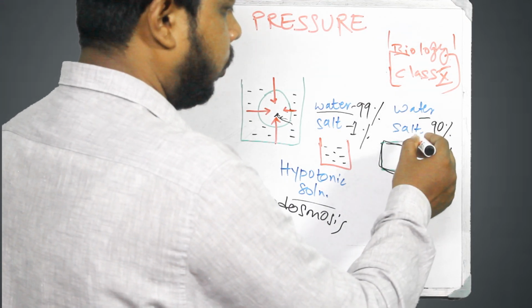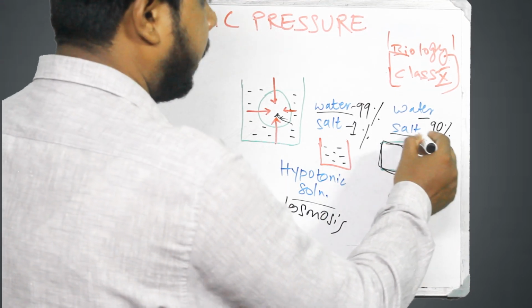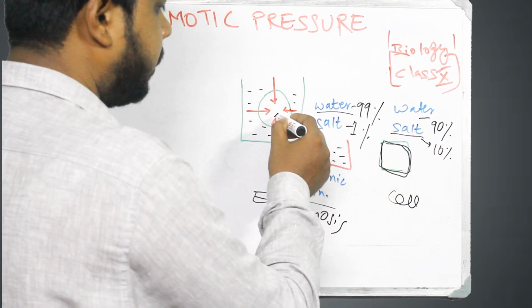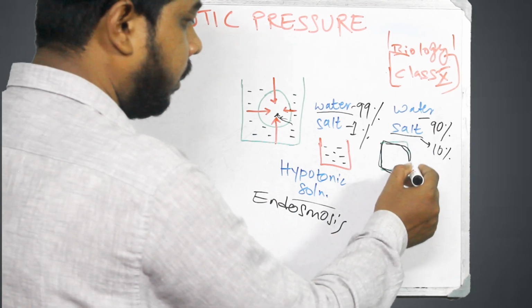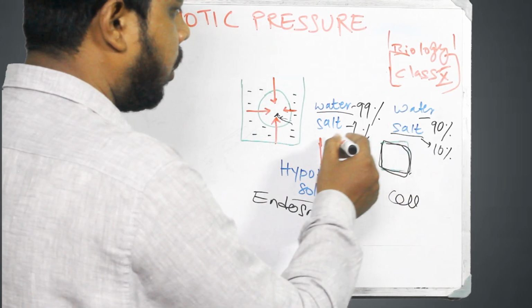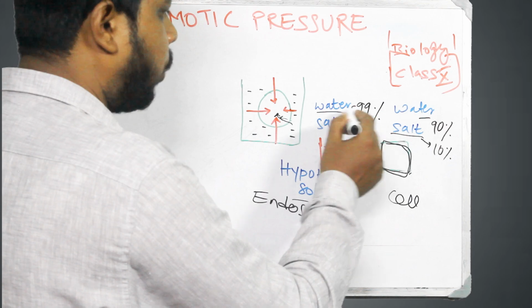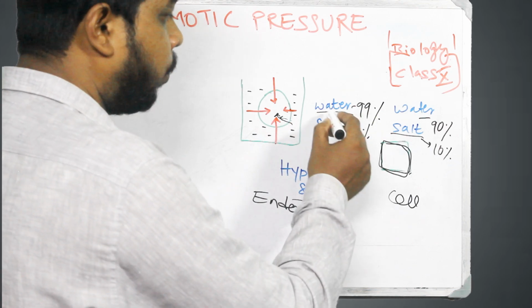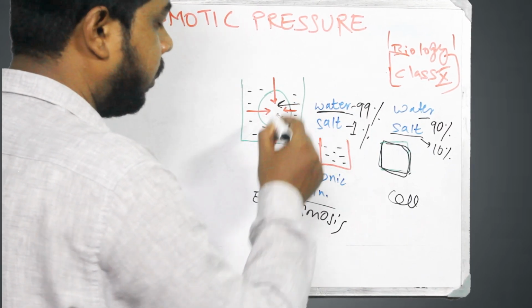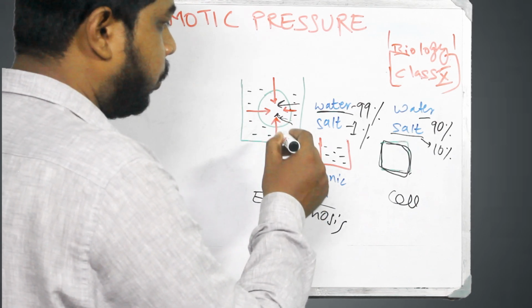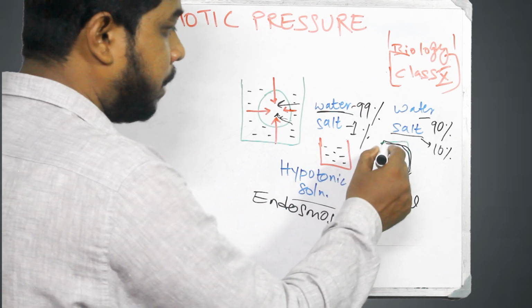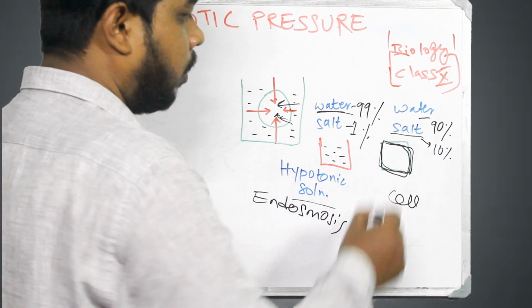Here the salt or the solute cannot enter the cell, only the water will enter. The semi-permeability of the cell will not allow salt to enter, but water can enter, and the ability of the water to enter the cell is due to the resistance of the semi-permeability of the cell.